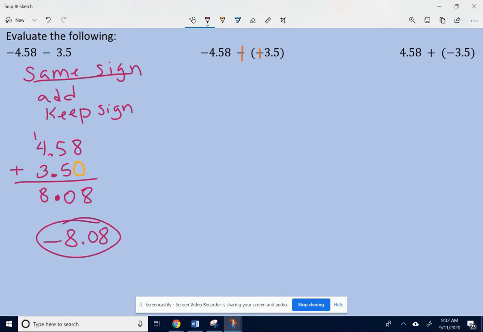The second problem, we have a negative 4.58 added to a positive 3.5. So these have a different sign. So we're going to subtract them and keep the bigger sign.